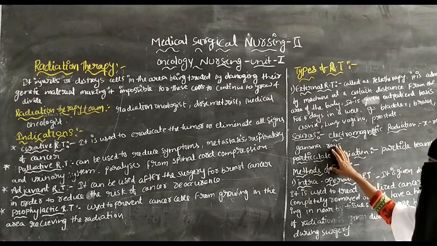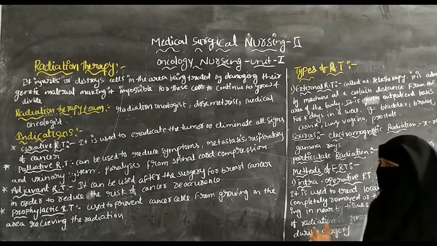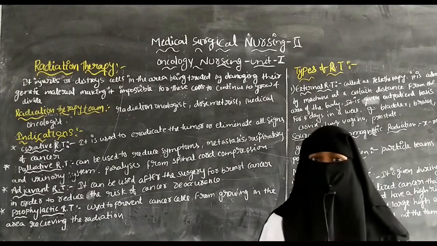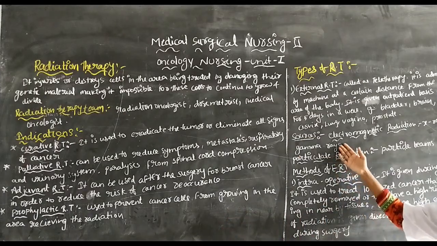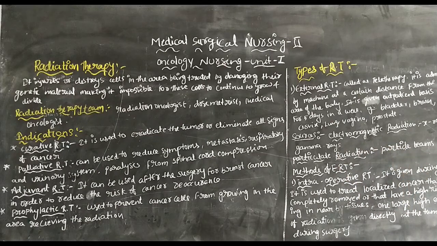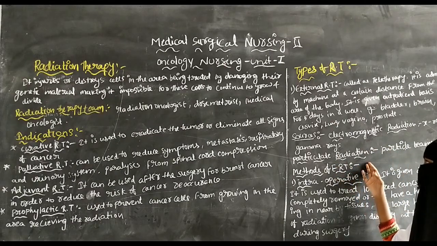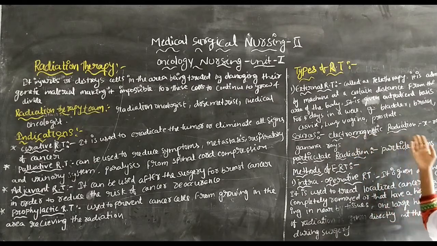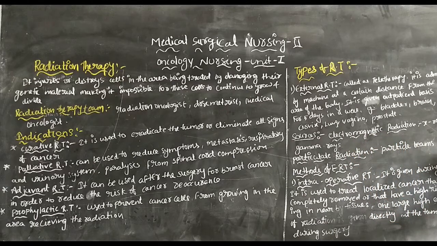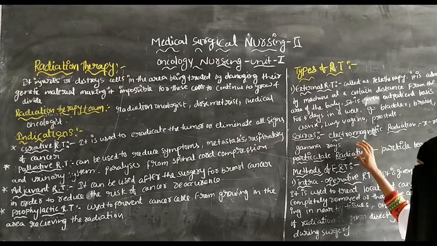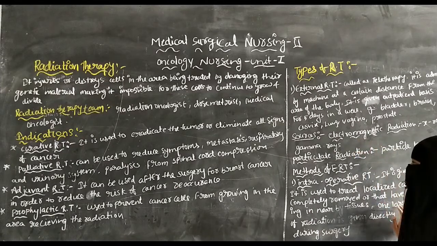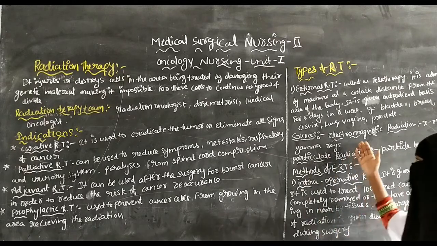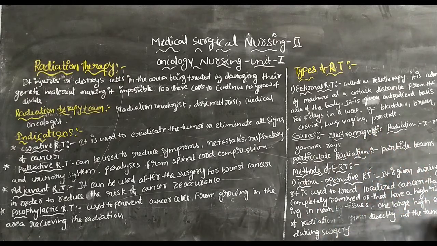Next are the sources. Sources means where the energy for the external radiation comes from, and includes electromagnetic radiation and particulate radiation.